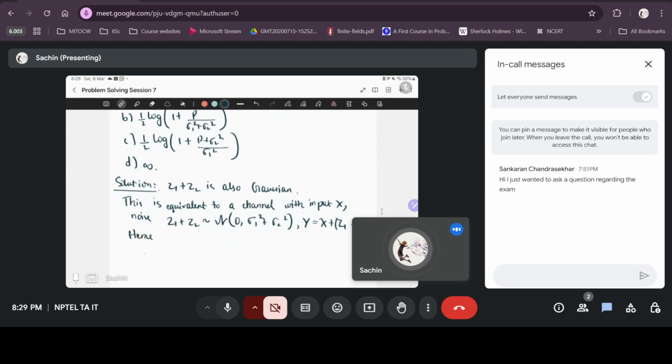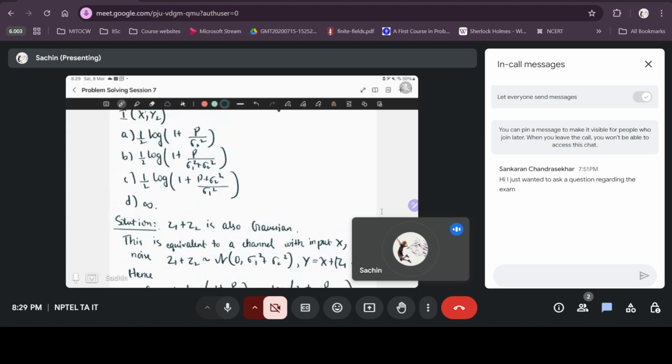Hence the capacity C is half log of 1 plus P over N, which is half log of 1 plus P over sigma 1 square plus sigma 2 square, which is option B.